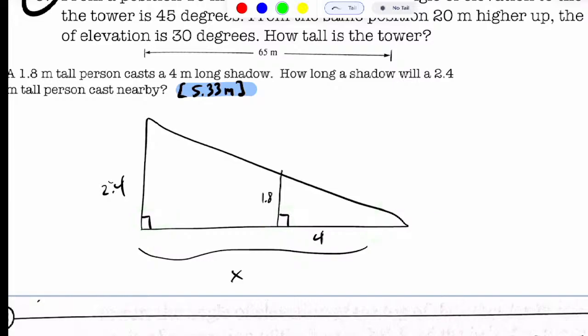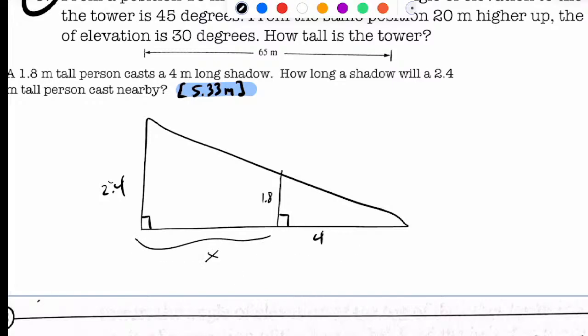Triangles are similar. So since they're similar triangles, you can do the length of the big triangle, which, to make it a little cleaner, I'm going to label as an X. So the length of the big triangle is like x plus 4.